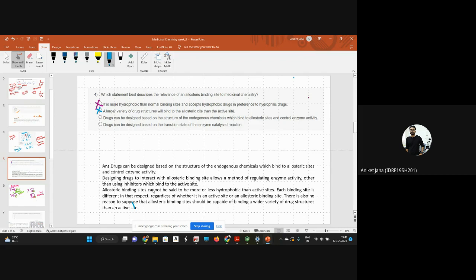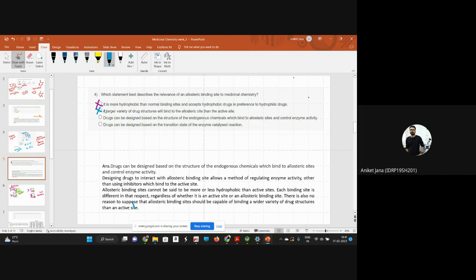Okay, so allosteric binding sites cannot be said to be more or less hydrophobic than the active site. Each binding site is different, regardless of whether it is an active site or an allosteric binding site. There is also no reason to suppose that allosteric binding sites should be capable of binding a wider variety of drug structures than the active site.